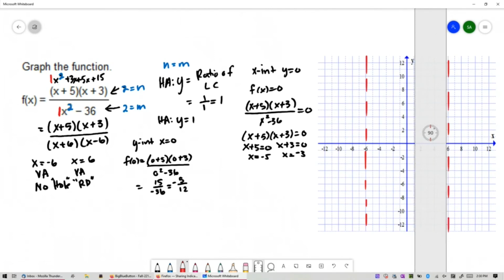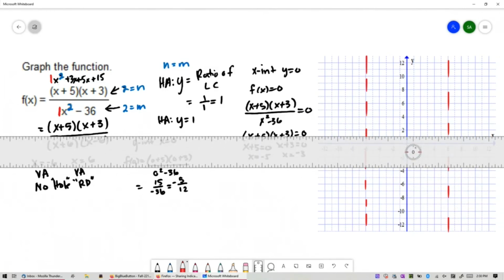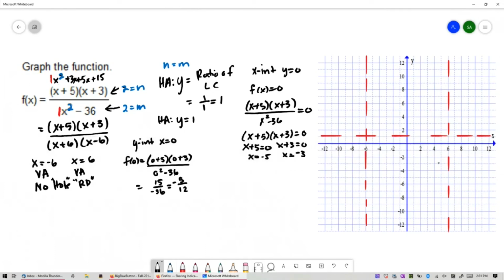We have a horizontal asymptote at y equals 1. And we have x-intercepts at negative 5 and negative 3. And we have a y-intercept at negative 5 over 12, which is kind of a small number, so about right here.